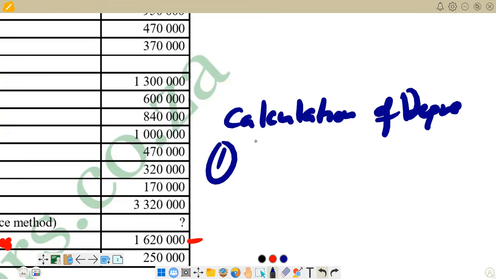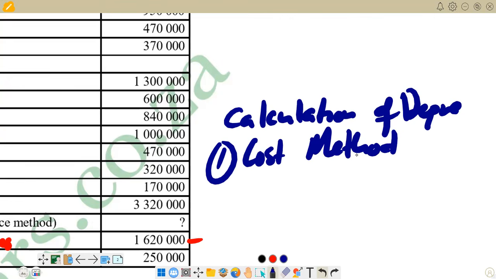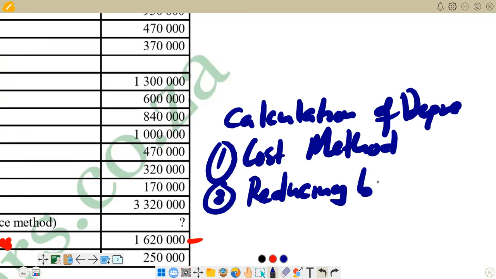One, we have got the cost method that we are given there. We can call it the straight line method. And then also we have the reducing balance method, or diminishing balance method.